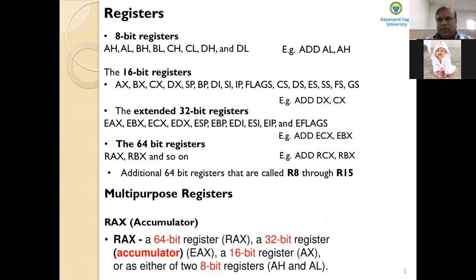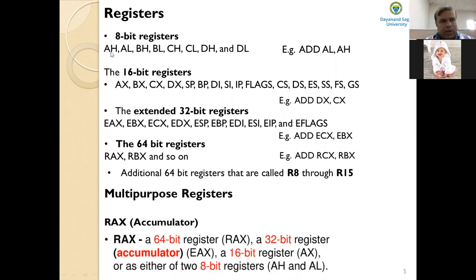Registers are fast storage locations built into the microprocessor itself for temporarily storing instructions and data. So they usually store the frequently used data and instructions in order to speed up the execution of the microprocessor.